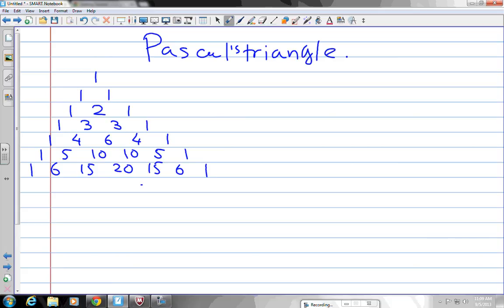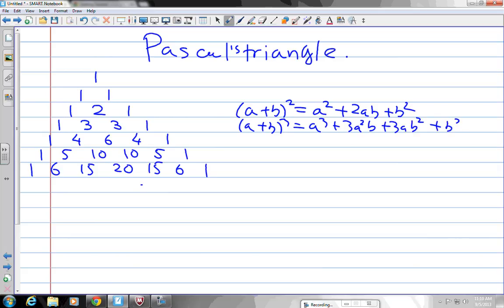Don't worry about it. The other application of the Pascal triangle, there are some formulas that we already did earlier, right? What are the coefficients on this formula, on the square formula?